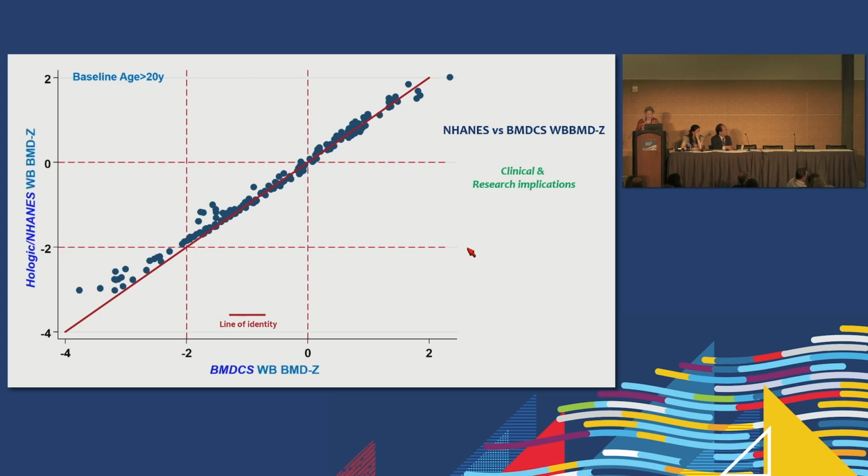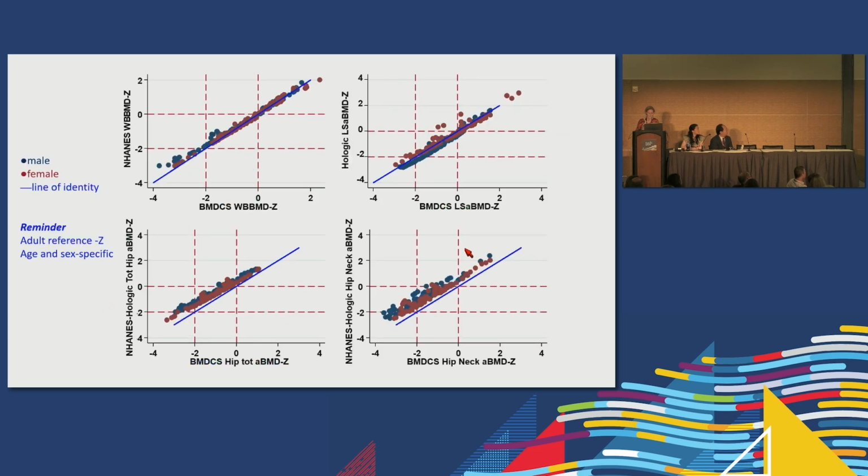And this is shown a little bit more here. I've already shown you this. This is Hologic on the y-axis, BMDCS for lumbar spine, total hip and neck.